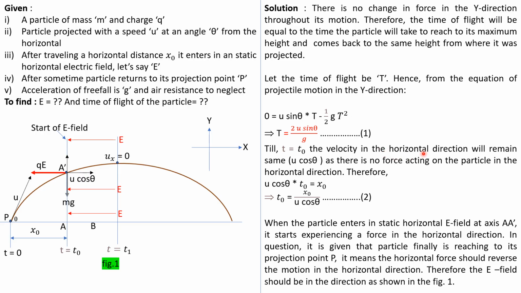So till t is equal to t naught, the component of velocity in the x direction, that is u cos theta, will remain the same as there is no force acting in the horizontal direction till point A. So we can calculate this time t naught. That will be u cos theta into t naught, which is equal to this distance. So t naught will be x naught by u cos theta. This is our equation number 2.